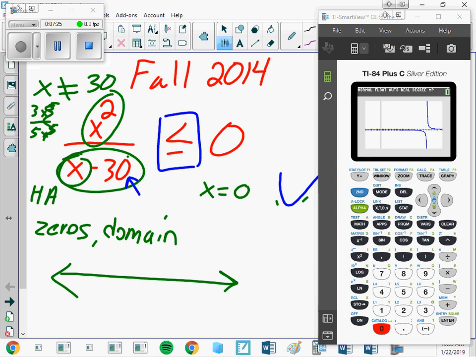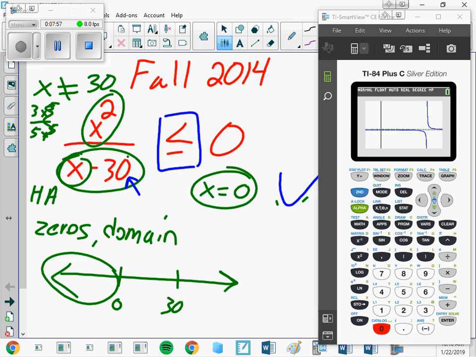So I know that x equals 0 is an x-intercept. I also know that x equals 30 is an important part of the graph because that's where it's undefined. So all I need to do is figure out those are the only places where something crazy is going to happen with the graph. So I just need to know, is that part of the graph positive or negative?